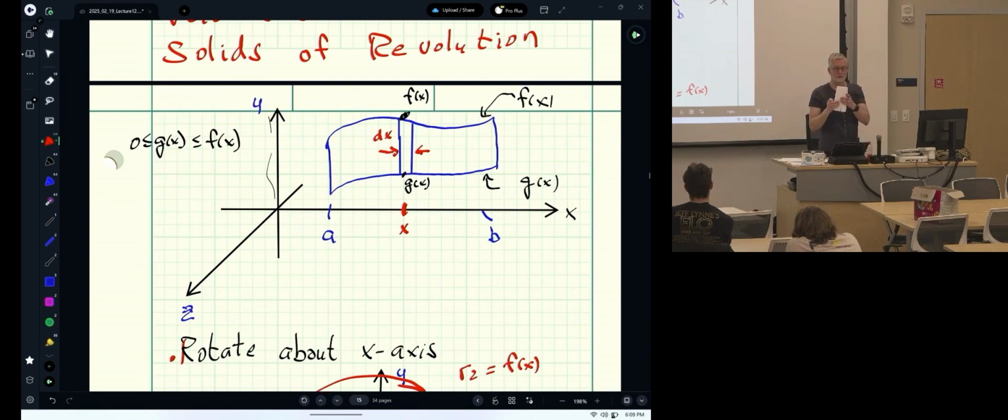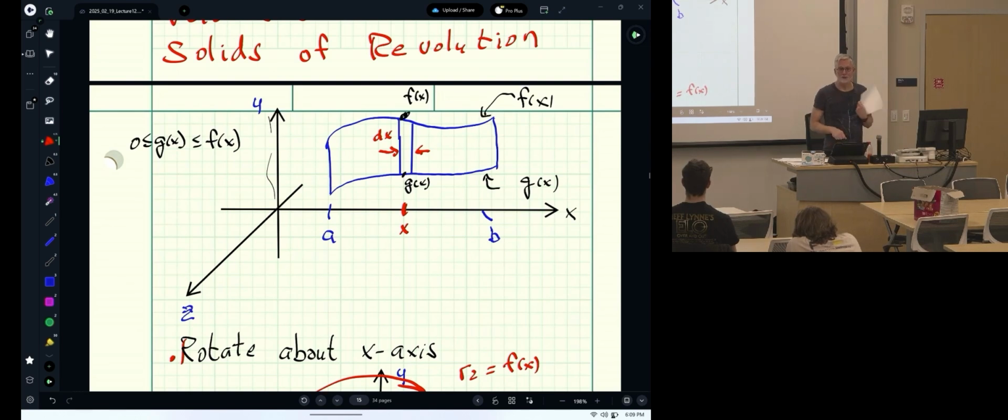What is the area of this cylinder? Well, it has a circumference. The radius is x. So the circumference is 2 pi times x. It has a height.